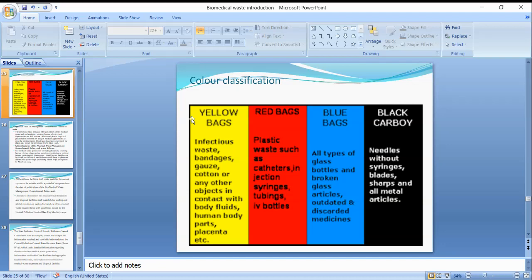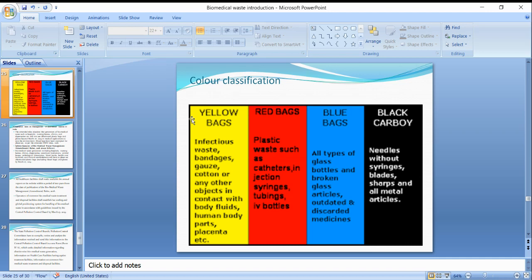Here the classifications are done: yellow bag, red bag, blue bag, and black bag. In the yellow bag, infectious waste is stored. Red bags hold items such as injection syringes and tubes that were used. Blue bags hold broken glass materials from the time of operations.